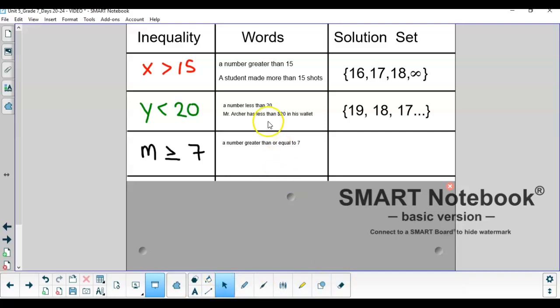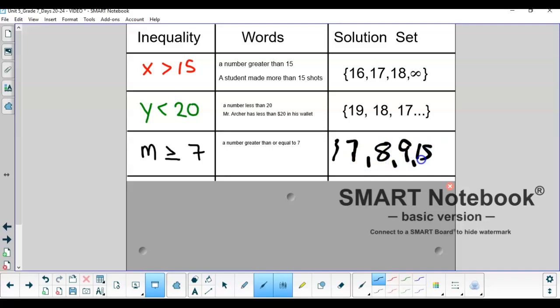And then when I want to make my solution set, we set up the brackets and we would just say the first number that makes this true, the first number that is greater than or equal to 7 would be 7 itself. Then I could say 8, then I could say 9, I could say 15, I could say any number that is greater than 15. Or sorry, any number that is greater than 7.